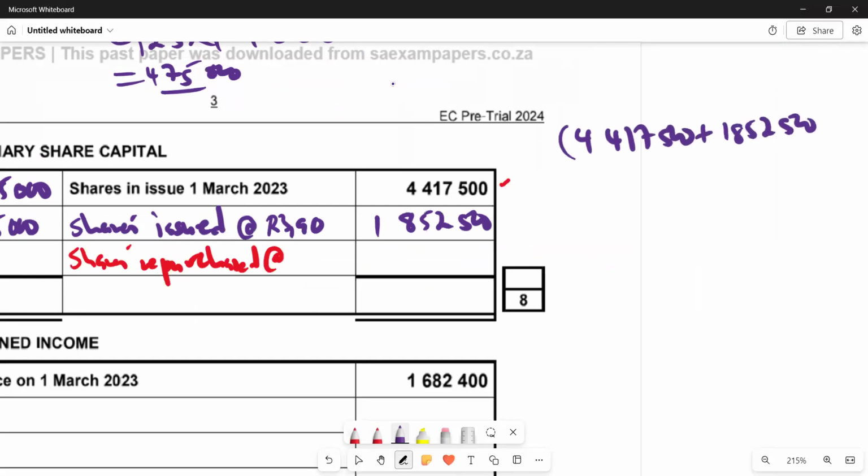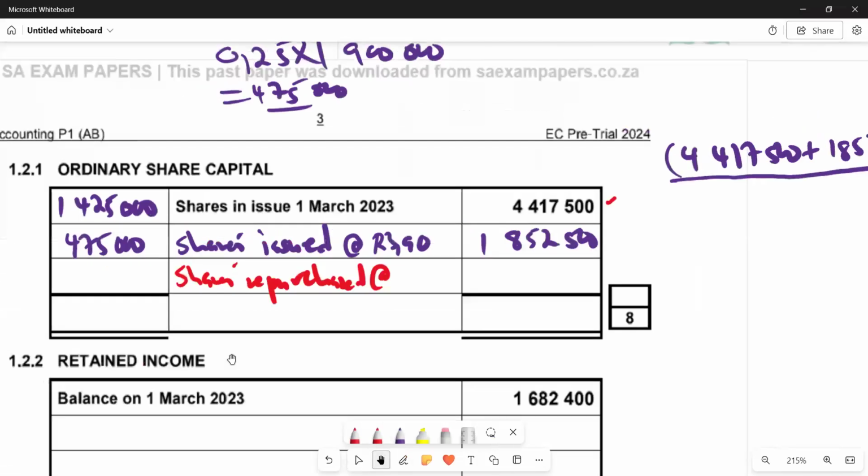Then we get the numerator, and then we divide by total number of shares. Total number of shares we are getting in the other column, 1,425,000, which is this one, number of shares at the beginning, plus number of shares that you issued 475. Obviously, it goes back to 1,900,000.